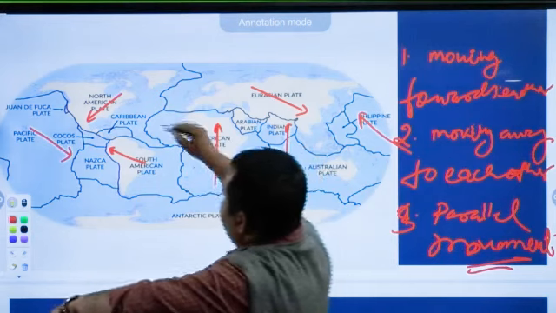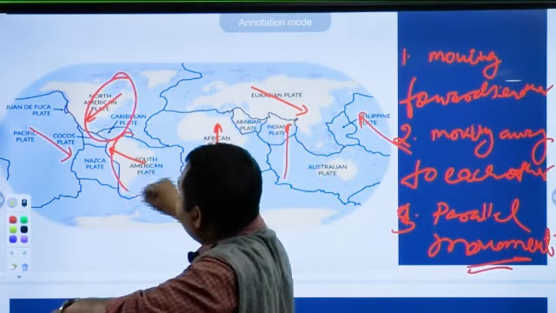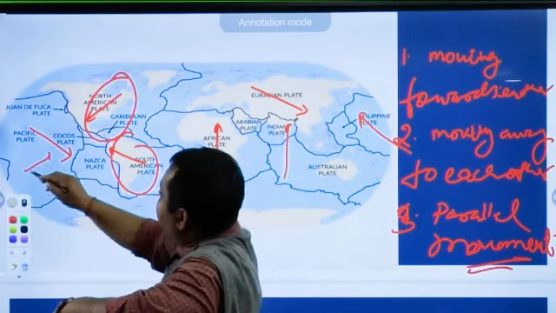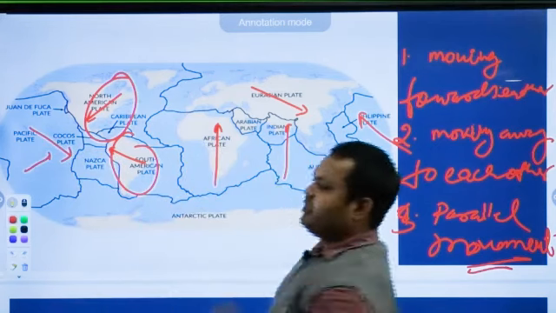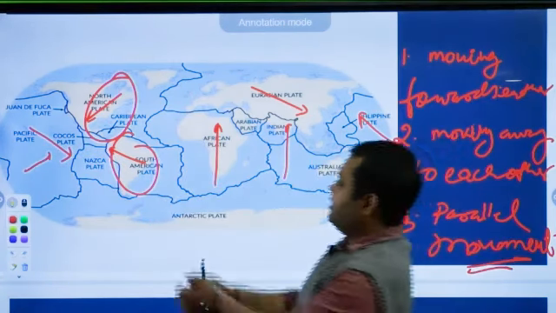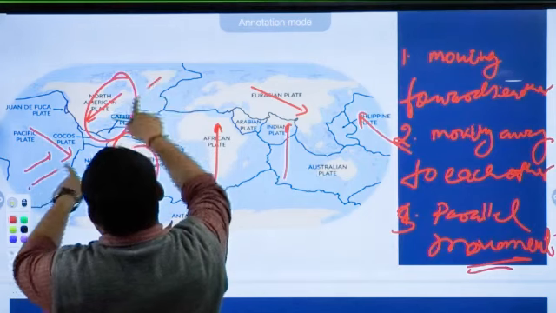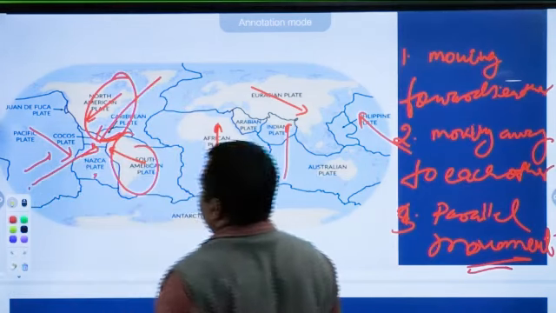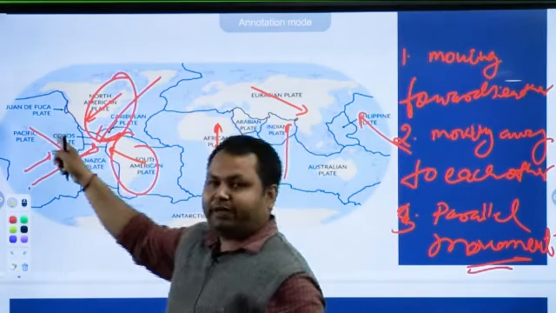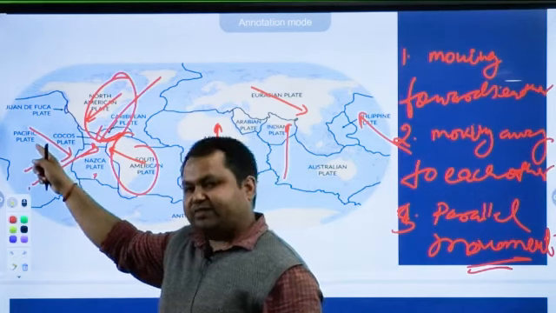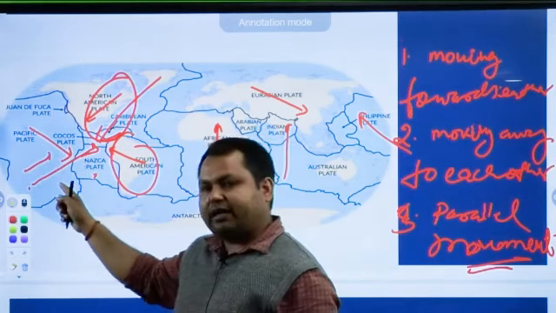If we talk about the North American and South American plates, these two are moving towards the Pacific plate, and the Pacific plate towards these plates. In such circumstances, these plates are colliding. North American plate is colliding with the Pacific plate, and the South American plate in a similar manner.